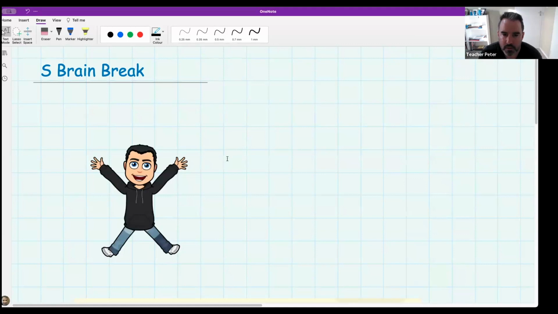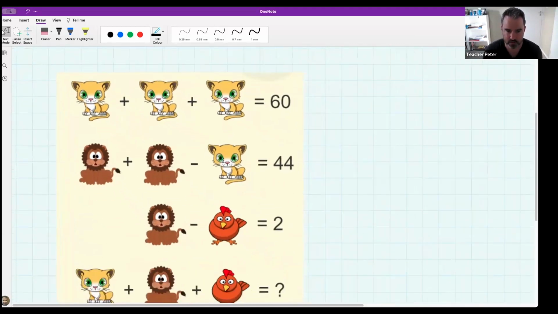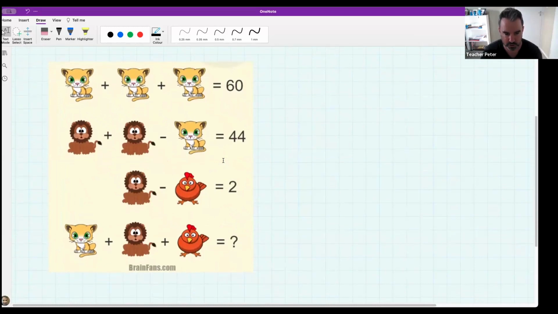Okay. So just to further let us unwind a bit, solve that lovely logic puzzle for me. What is a kitty cat plus a lion plus a chicken equal?